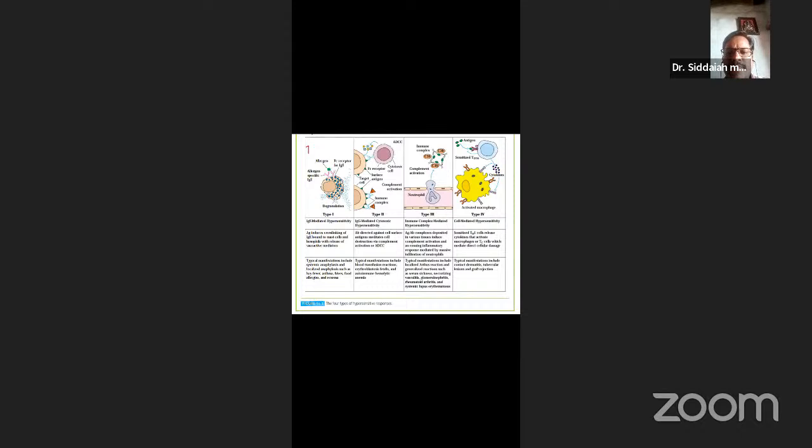Coming to the first one, this type of hypersensitivity reaction may occur in the case of allergic reactions, that is systemic anaphylactic reactions and localized anaphylactic reactions, for example asthma, hives, food allergies, and eczema-like conditions.